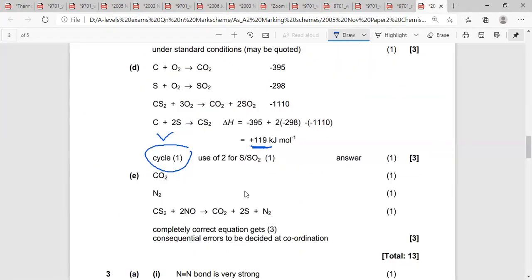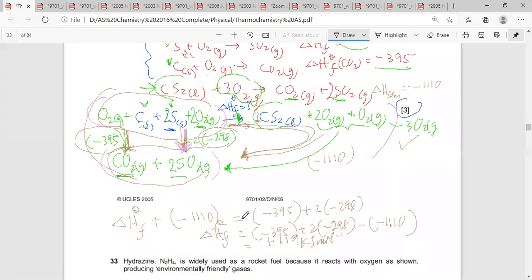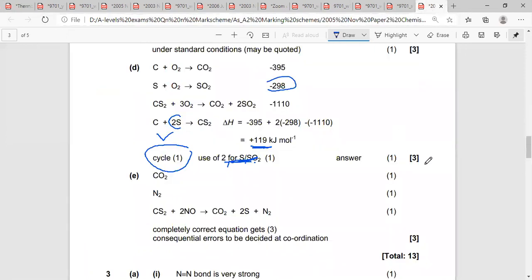Use of 2 times sulfur dioxide, which means here, this, see, it's okay. 2 times this, 1 mark. 2 times that, this one here, 1 mark. Which means you understood. Answer, 1 mark. So 3 marks here: 1 mark for the cycle, 1 mark for 2 times the value here, 1 mark for the answer.